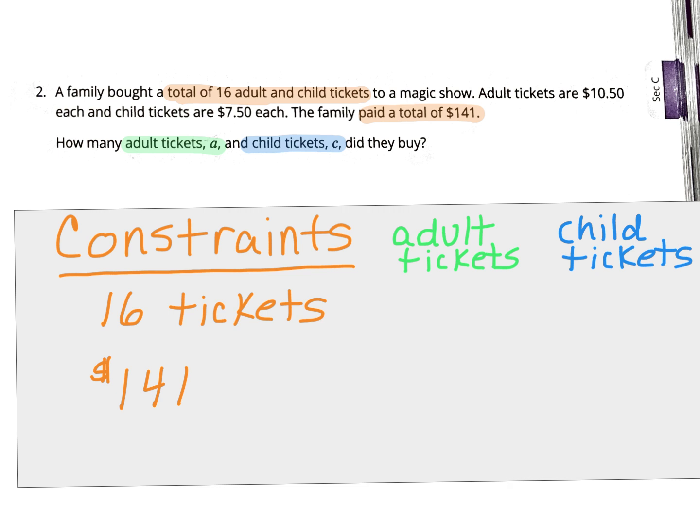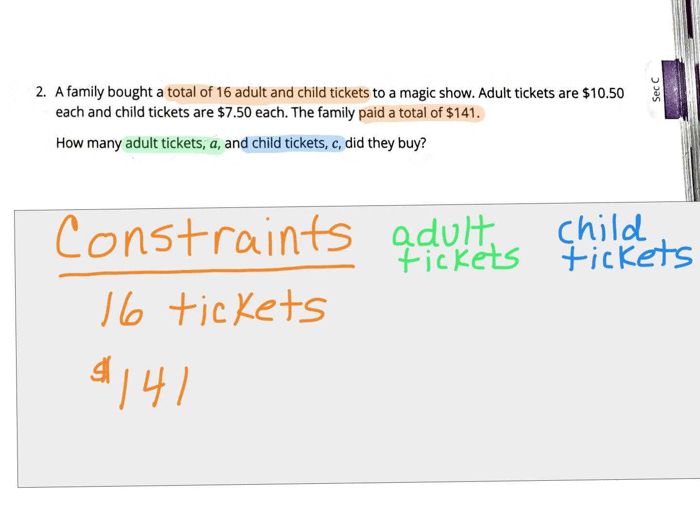Now I've gone ahead and labeled my two different quantities in this particular situation. I've got a total of 16 tickets, and I've bought adult tickets and child tickets.